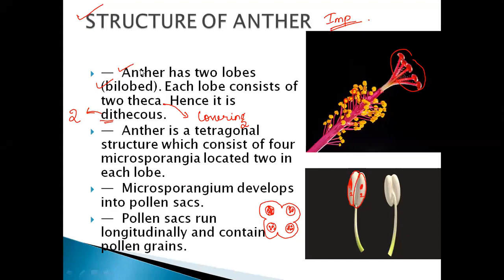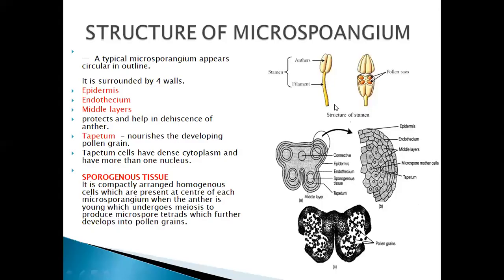So this is the structure of the microsporangium. That is the male reproductive part of the flower. Yesterday when I was explaining, I had told you the anther is two lobed.